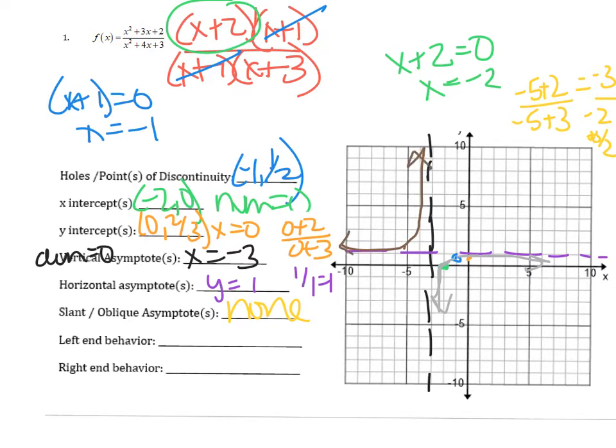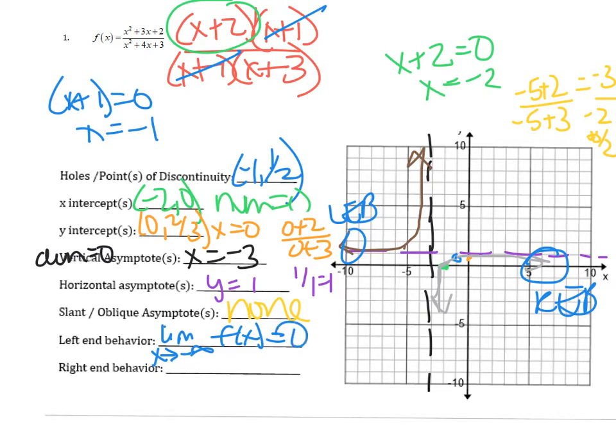So then for your left and right end behavior, we're going to do blue. So this signifies my right end behavior. This looks at my left end behavior. And so on the left, it's your limit as x approaches -infinity of my function. And this is going towards your asymptote. This end behavior will always match that number if you have an asymptote.